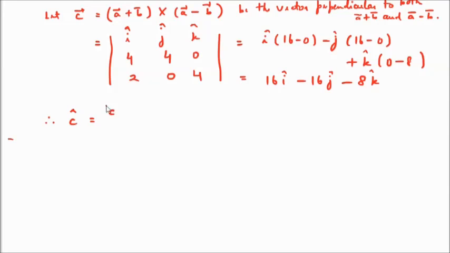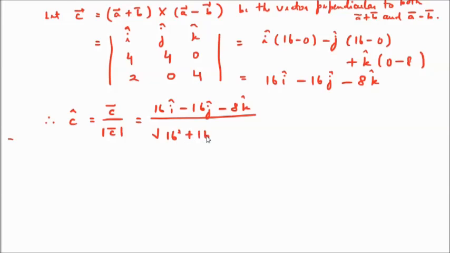So this will be nothing but c vector divided by magnitude of c. So c vector is 16 i cap minus 16 j cap minus 8 k cap. The magnitude of this will be the square root of 16 square plus 16 square plus 8 square.